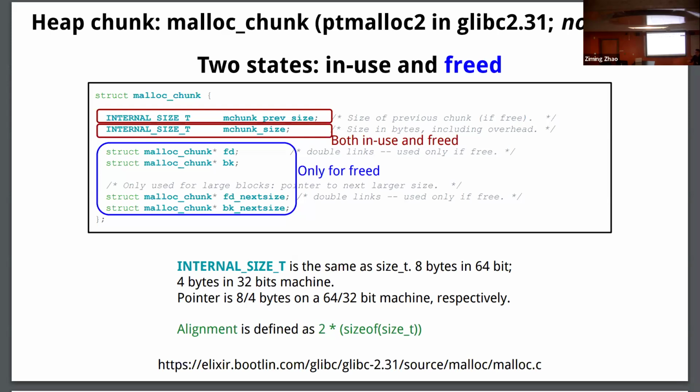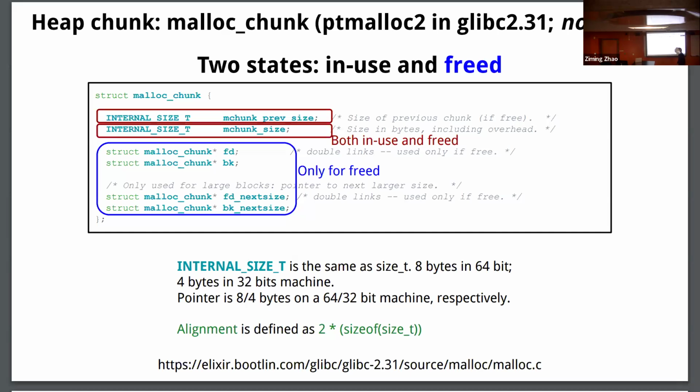That's the original design. Then the second field records the current chunk's size. Those two variables are of type size_t, which means on a 32-bit machine, this one is 4 bytes and the second one is also 4 bytes. For a 64-bit machine, this one is 8 bytes, and this is also 8 bytes.